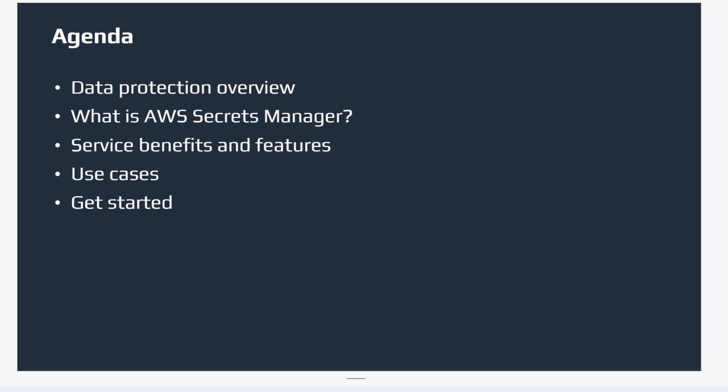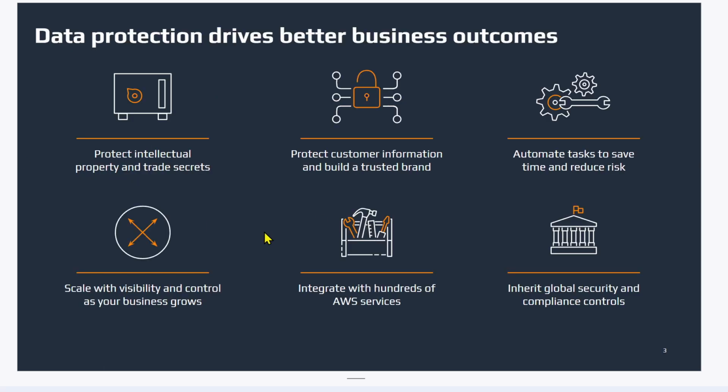Let's get started. Data protection drives better business outcomes. That is a very important piece, where your intellectual property and trade secrets are protected, it protects customer information, and builds trusted brands. Nowadays data is the oil, and as you know, all the attackers, all the malicious-intent folks are after your data.